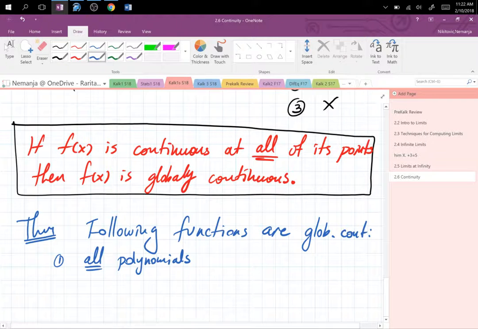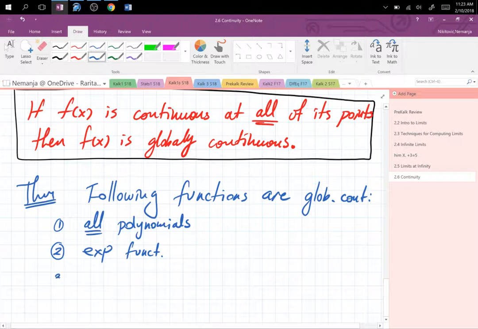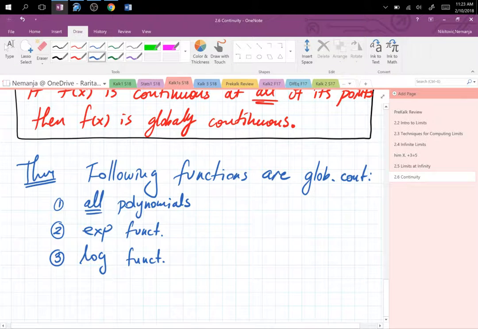Pick any polynomial you can master. It's going to be continuous. 2, exponential function. 3, logarithmic function. 4, radical function, as in nth root of x. Okay?